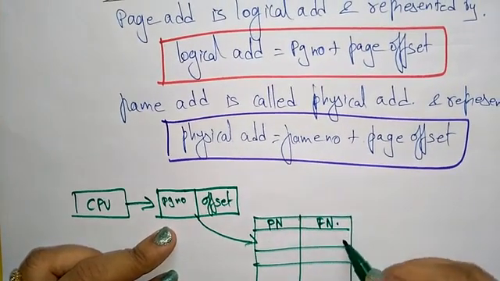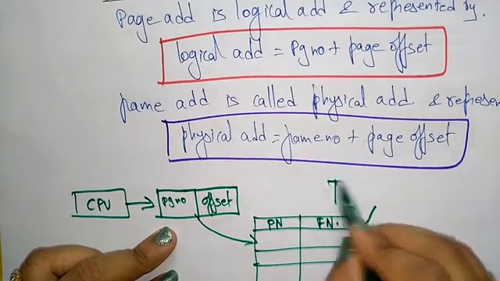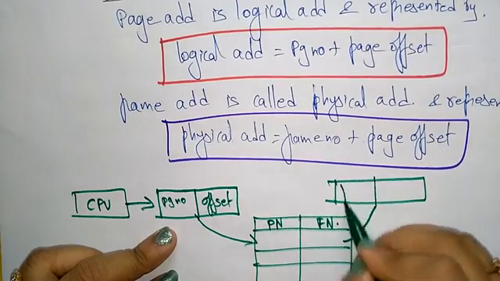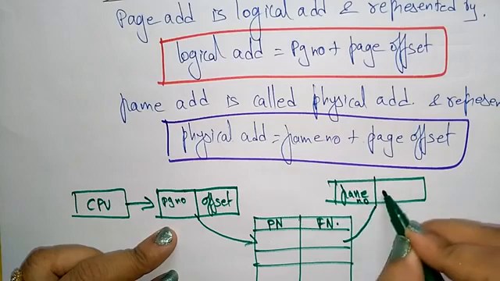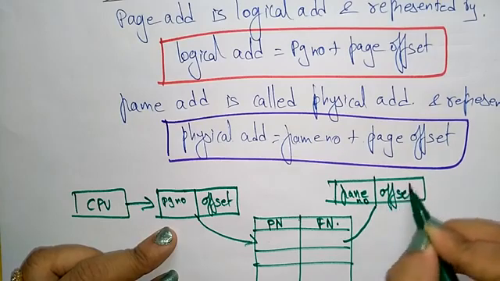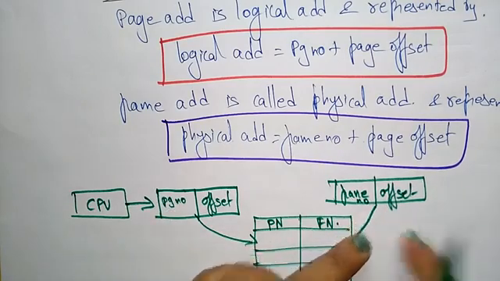With its help we get the physical address, the frame number, so the logical address is converted into a physical address.